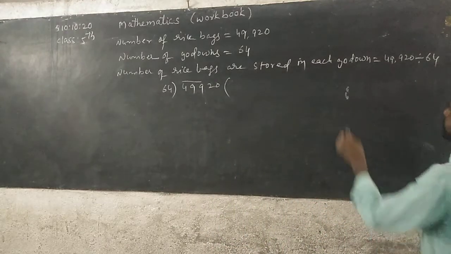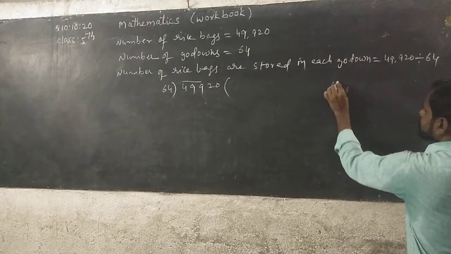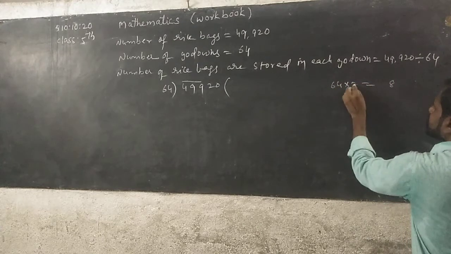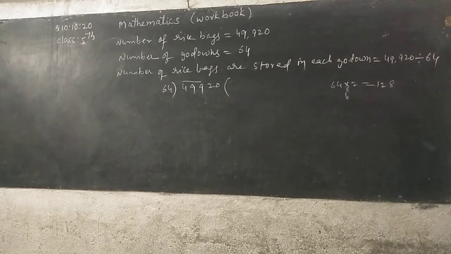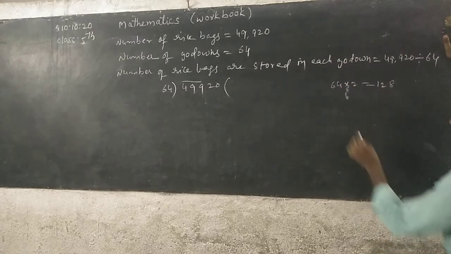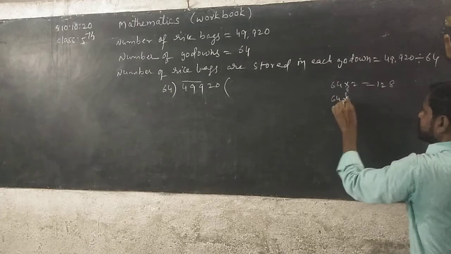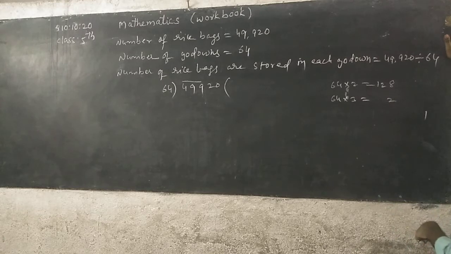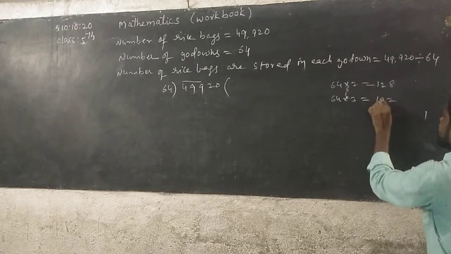See here, 64 2s are 2 4s are 8, 2 6s are 12, 128. 64 3s are 3 4s are 12, 2 taking 1 carry, 3 6s are 18 plus 1 is 19, 192.